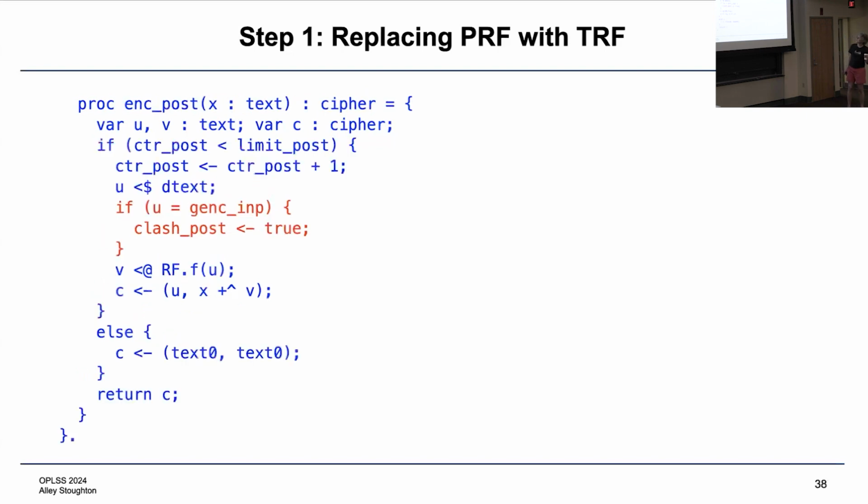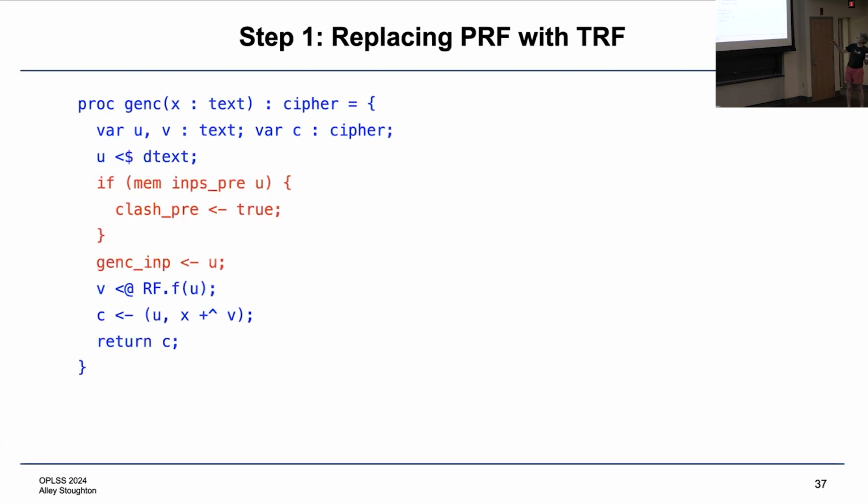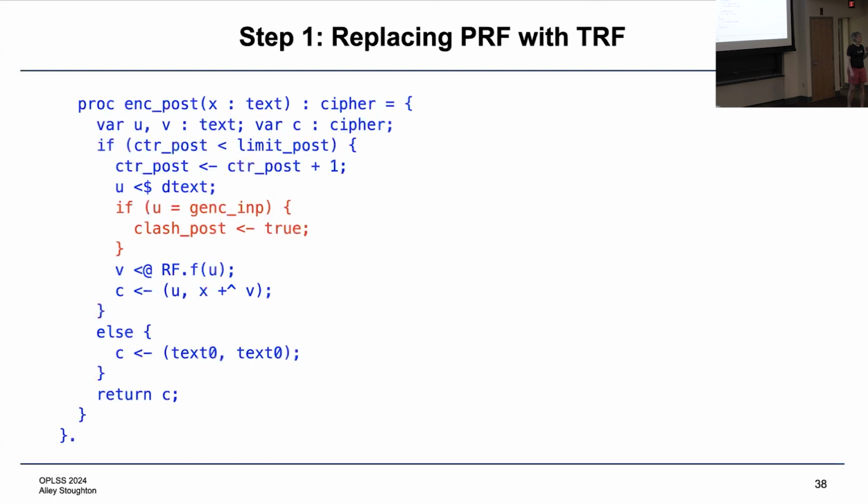And then enc post is similar, except this time, when we pick the random U, if U happens to be the one that was used by the game's encryption, that's when we say that there was a clash. And maybe you can see that these clashes have to do with those ways of attacking the scheme that I talked about before.